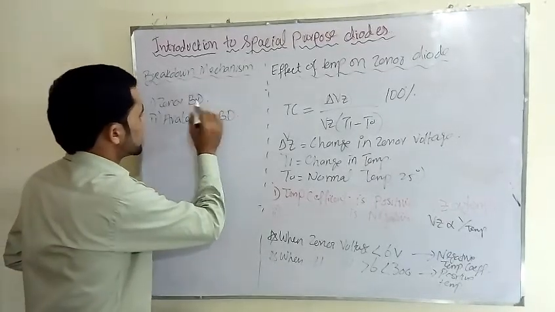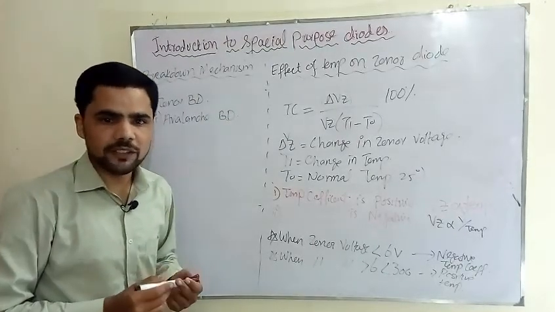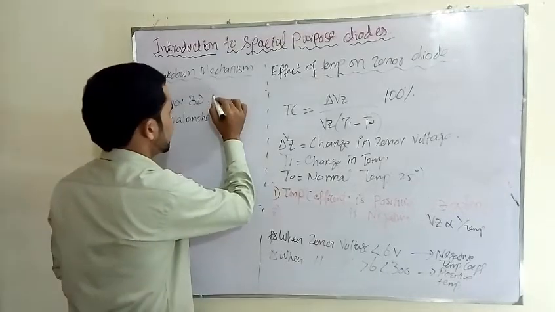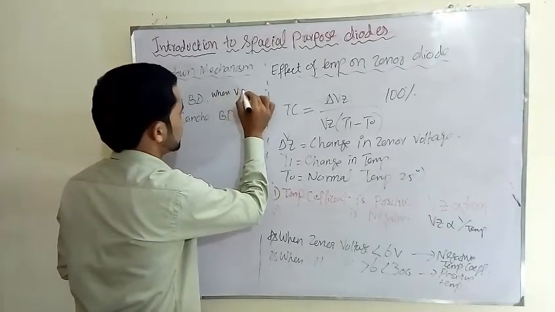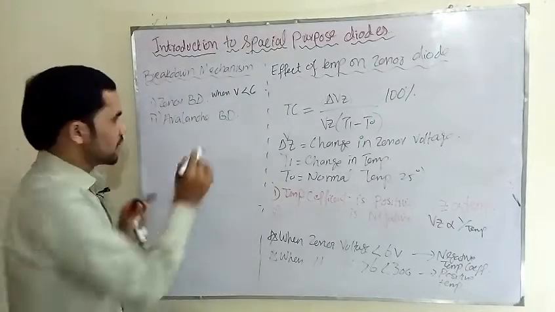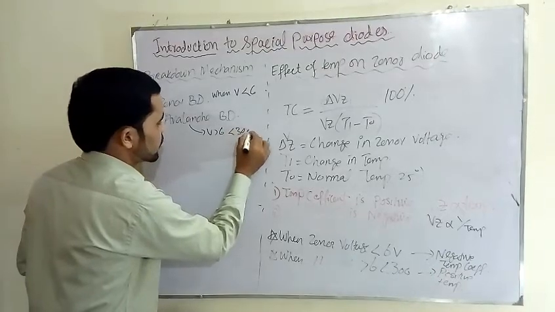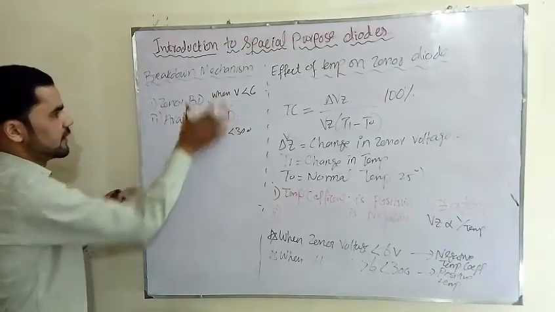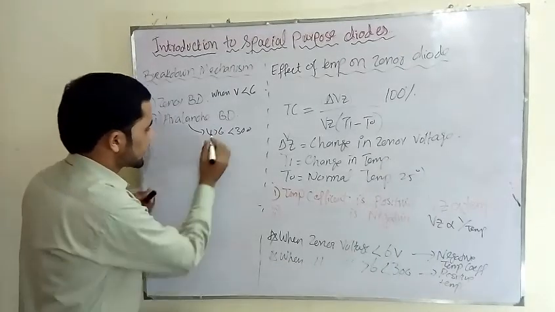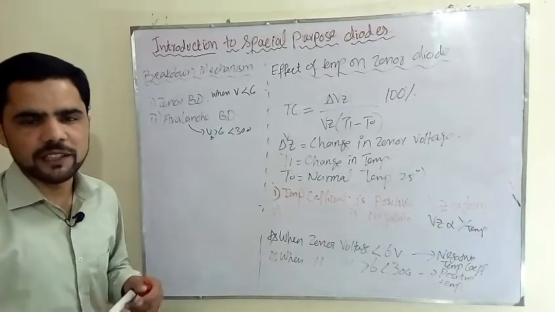Zener breakdown occurs when voltage is less than 6 volts, and avalanche breakdown occurs when voltage is greater than 6 volts and less than 300 volts. So this is the reason Zener voltage happens. This Zener voltage is specified on the data sheets of the diodes.